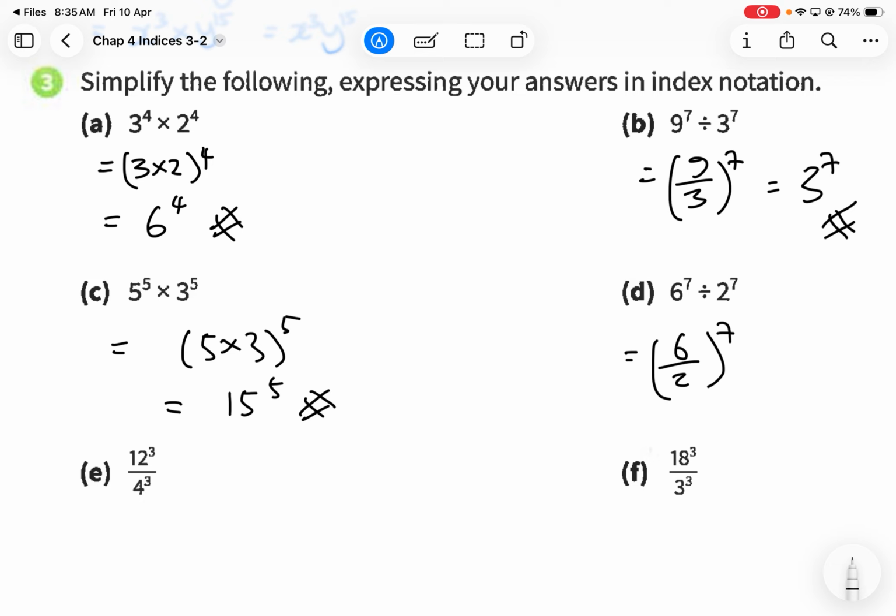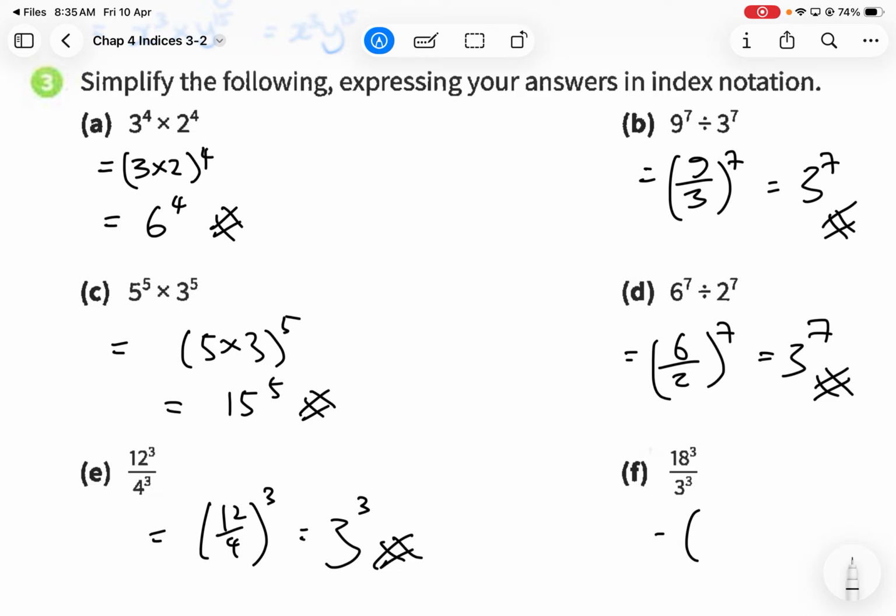Okay? Multiply, still multiply, divide, still divide. Put the power outside. Okay, so this one we go a bit faster.